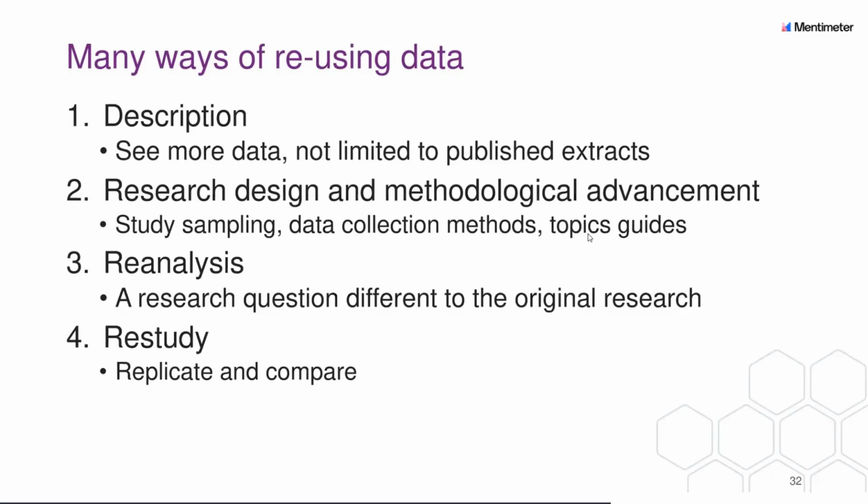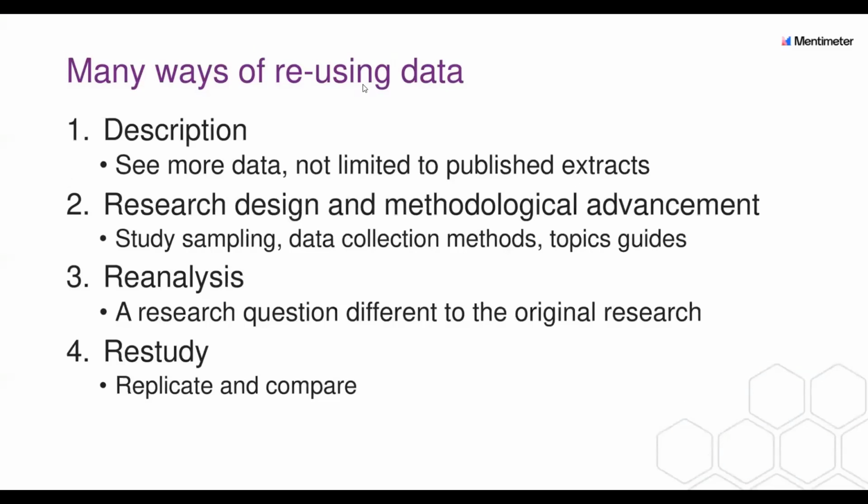So there's many ways you can reuse qualitative data. You can quite simply give a description or an understanding of a particular social and historical point in time. And why this is useful is because you can see more of the data than just what the publications reveal.